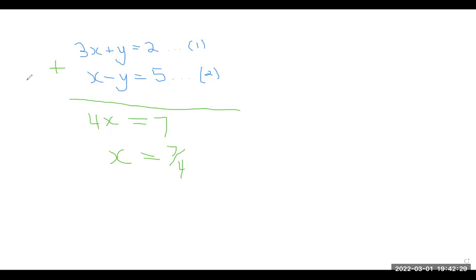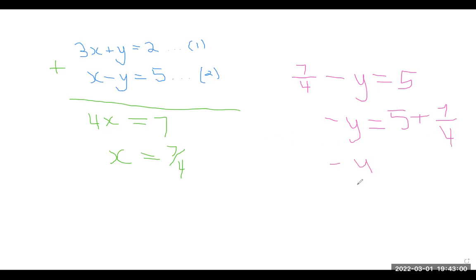So just use the second equation, right? But like I said, your preference, you would get the same answer. So dealing with this second equation here, x, I now know the value for that is 7 on 4, minus y is equal to 5. Minus y would be equal to 5 plus 7 on 4.